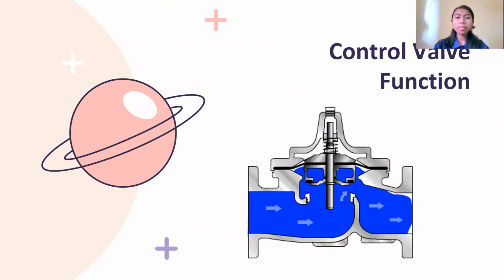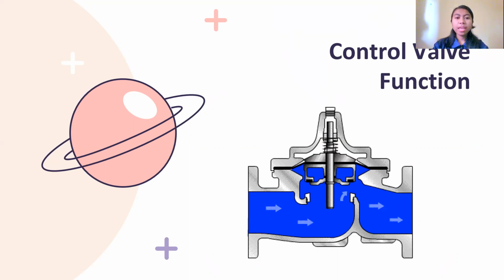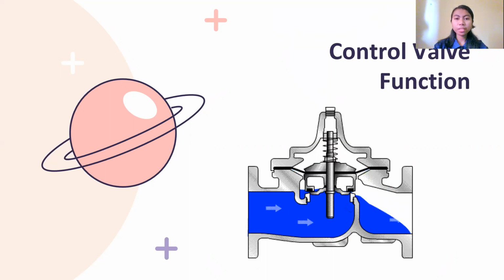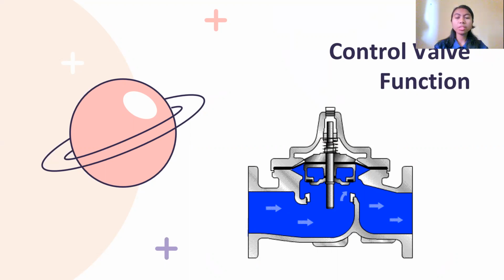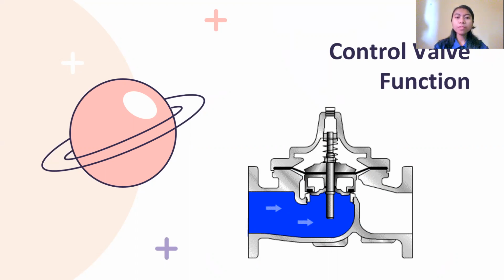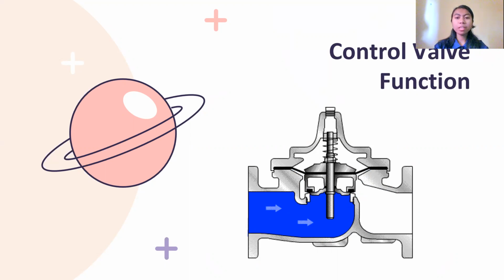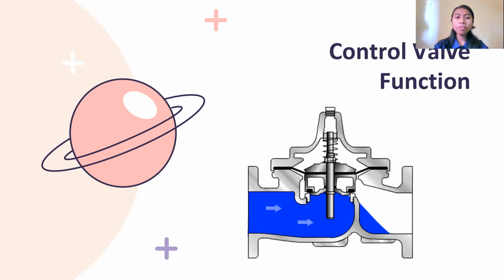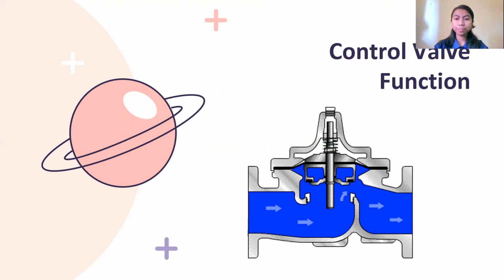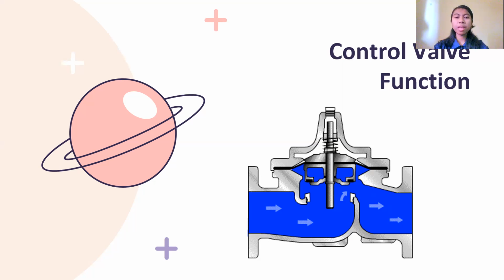Finally, let me explain the control valve function. In this case, the control valve is used in a certain place which is often called a flood gate. As we often hear during a flood, the flood gate functions as a flood controller to regulate the amount of water that flows into the river.